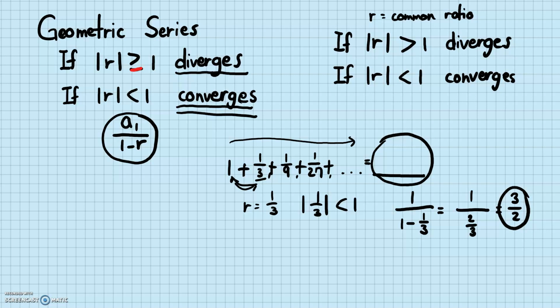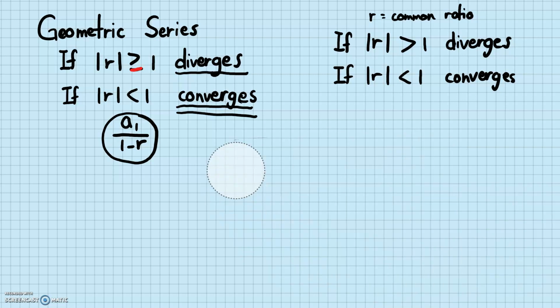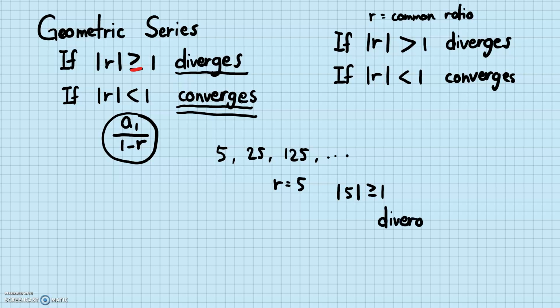You can only add up an infinite series if it converges. So let's see what happens if it diverges. This sequence here is 5, 25, 125, etc. r is equal to 5 here, so that means the absolute value of r is greater than or equal to 1, which means it's going to diverge. And as soon as we find out that it diverges, we can say that you can't add these together. Oh, I keep putting commas here. These should also be plus signs since it's a series.